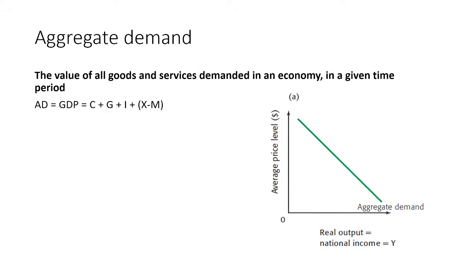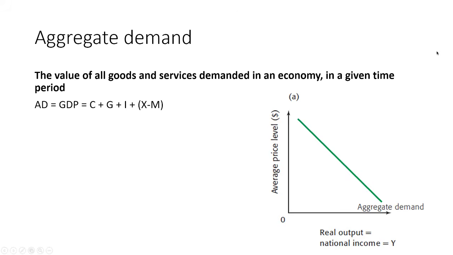The next topic is 2.2, which is aggregate demand and supply. Aggregate demand is the value of all goods and services demanded in an economy in a given time period. This is shown by the components of AD, which is the same as GDP, which is consumer spending plus government spending plus investment by firms plus the net balance of the economy, the exports minus imports, sorry.